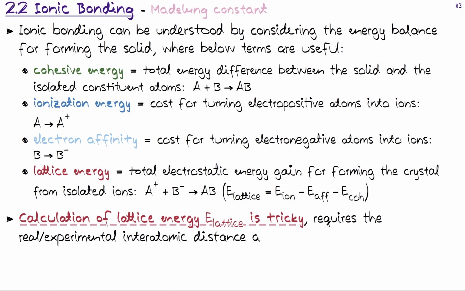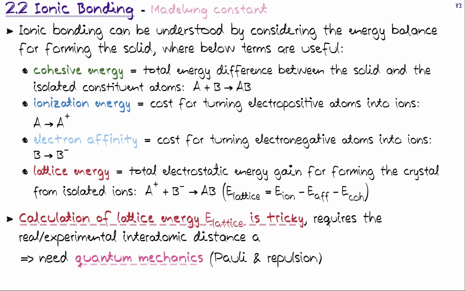That also motivates nicely why X-ray diffraction and structural characterization methods are important, because when we do calculations we sometimes need these experimental values for the lattice constants. So either we need experiments or we need quantum mechanics, and there we would need to take into account the Pauli repulsion processes.